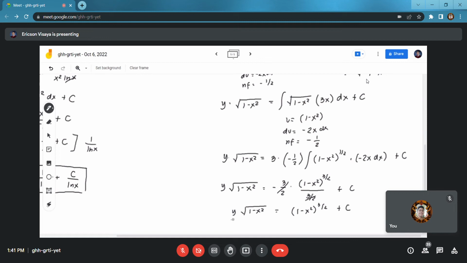Then, divide both sides by square root of 1 minus x squared. Therefore, sagot natin is y is equal to 1 minus x squared raised to 1/2 plus c times 1 minus x squared raised to negative 1/2.